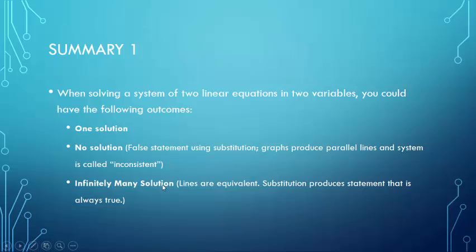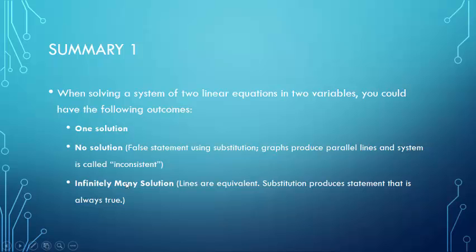Infinitely many solutions would occur when you have the exact same information, so maybe repetition, the lines are the exact same. In that case, when you use substitution or elimination addition, you might get something like 3 equals 3. Well, that's true. If you were not able to get a unique x and y, and you're ending up with a statement like 3 equals 3, it probably means you have the exact same statement that you're plugging into itself.